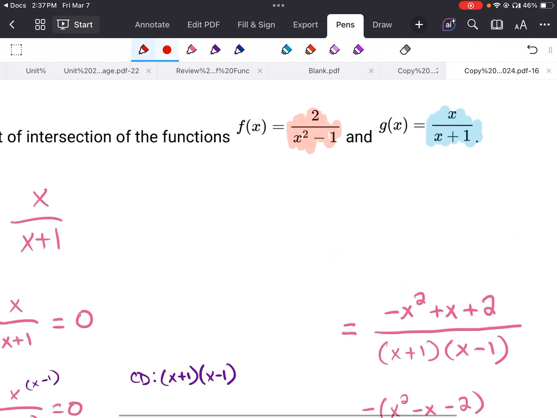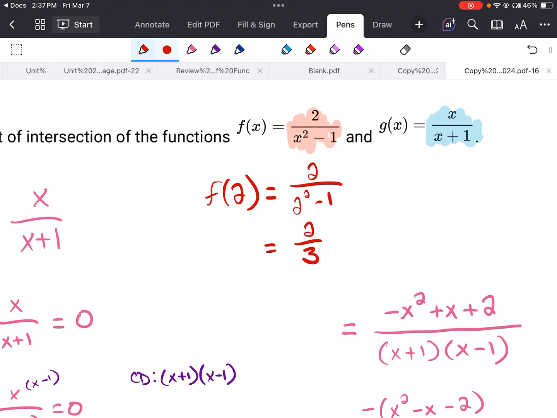Okay, so when I plug 2 into the first one, I get 2 over 2 squared minus 1, which is 2 over 3. And if I do the same just to check with the other one, we get 2 over 2 plus 1, makes 2 over 3. Okay, this is just to check.